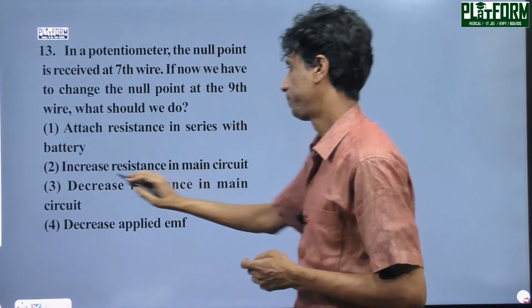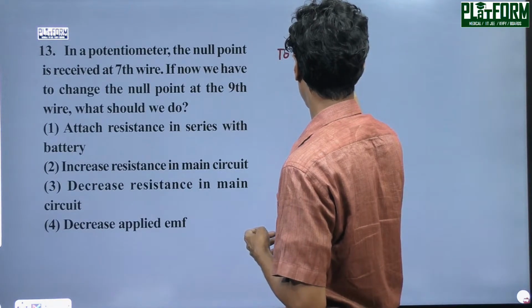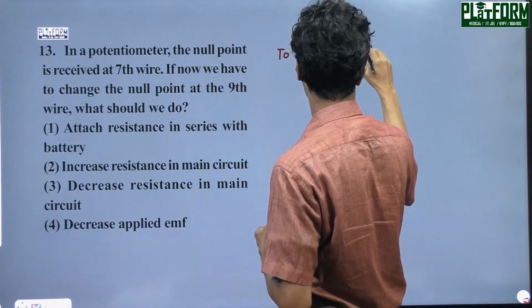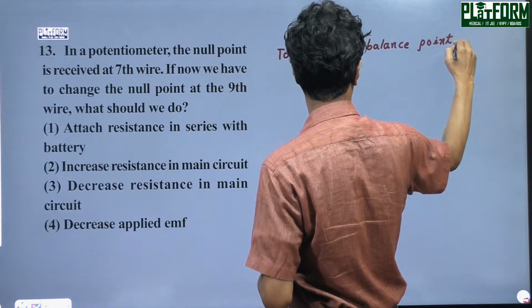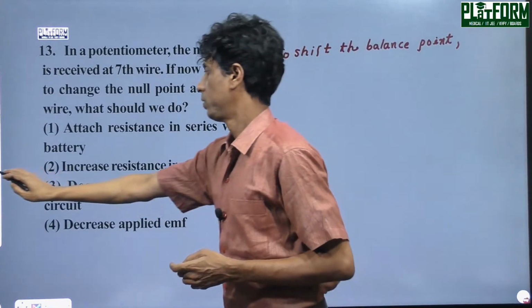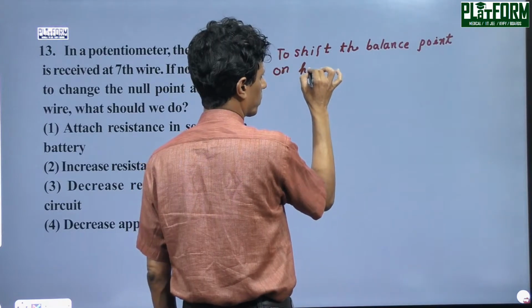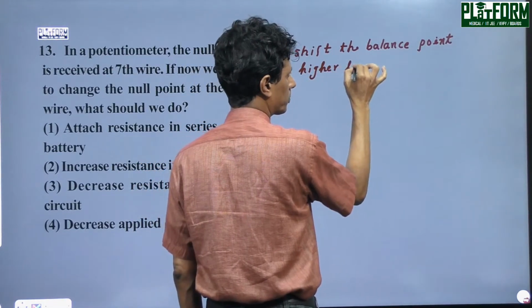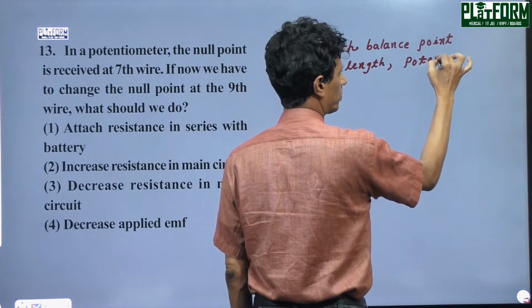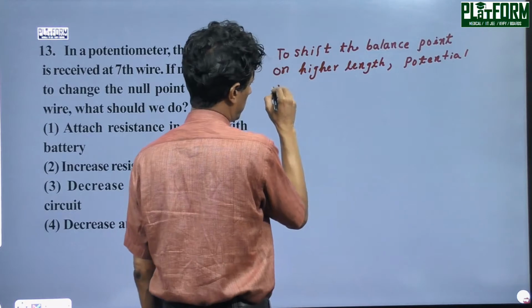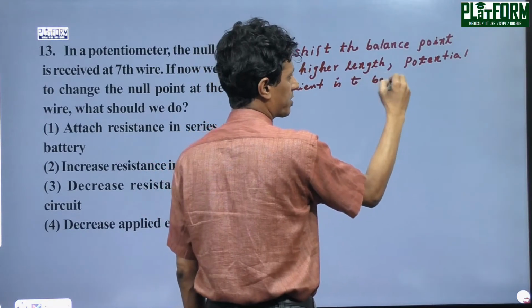To shift the balance point to a higher length, the potential gradient is to be decreased.